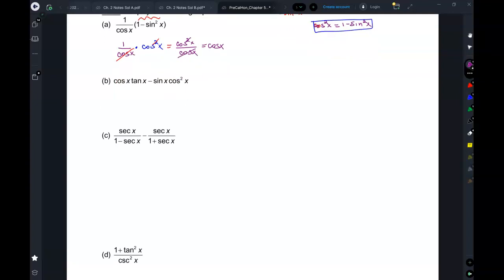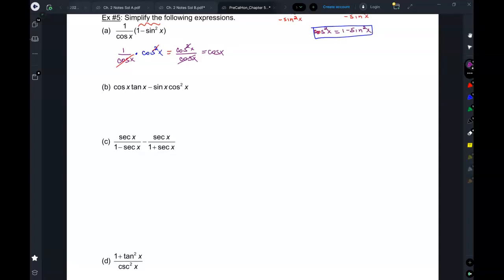Now, this one. Here I have cosine and sine, but I also have a tangent in there. Whenever you have a tangent, one thing you can do is rewrite it in terms of sine and cosine. So I'm going to rewrite this as cosine of x times sine x over cosine x minus sine x cosine squared x.